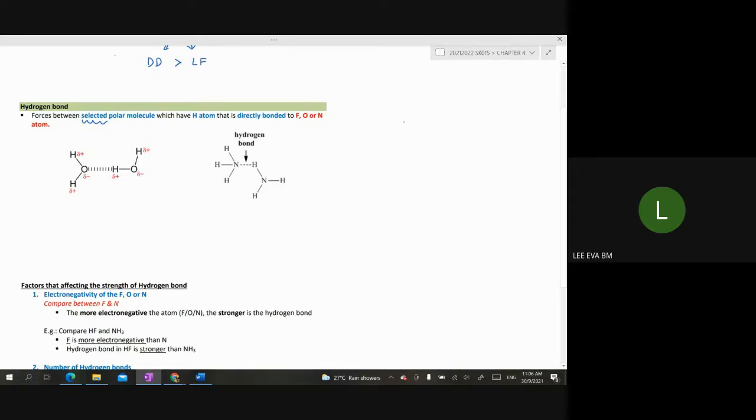In other words, whenever you see hydrogen directly attached to F, or O, or N, I don't care what the remaining atoms are. As long as you can see H is straight to FON, then you are going to have hydrogen bonding as the intermolecular force.